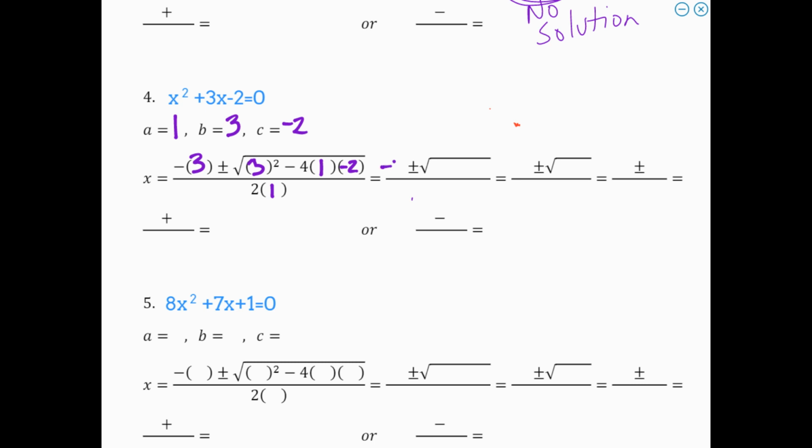So this reduces to -3, right? At first, 3 squared is what? 9. -4 times 1 times -2 gives me what?